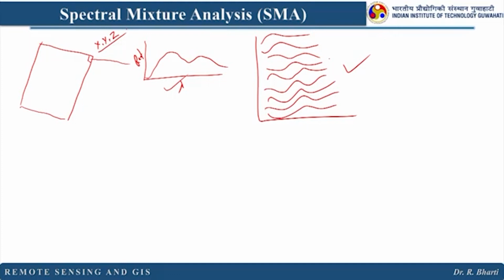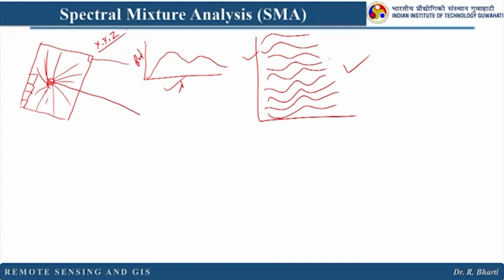So, either we have to resolve all these pixels in terms of these library spectra, or we can go for identifying a pure pixel here, which is expected to be pure in nature, and then with respect to this we can see all other pixels and say that is the composition of this whole image.